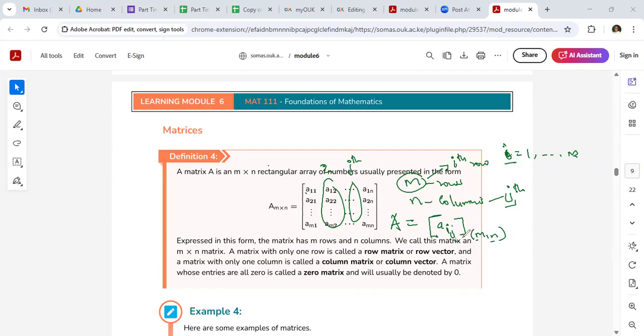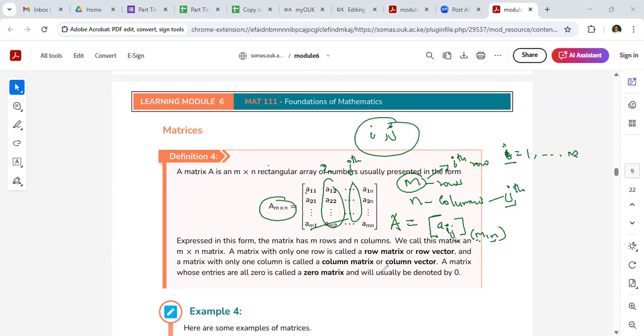In other words, we have m rows and n columns, and you can pick the position, like the ith row, the jth column, or row 3, row 4, and so on. So the i's and the j's are just the indices of the rows and columns in the matrix representation.